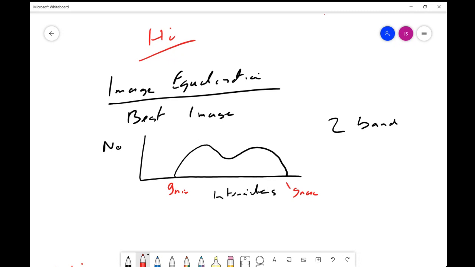So those are subjective decisions. This is the area you're interested in for the image. And for 2-band equalization, you find the G 50%. So this is going to be band A, and this is going to be band B. And each of those bands will contain 50% of the pixels.